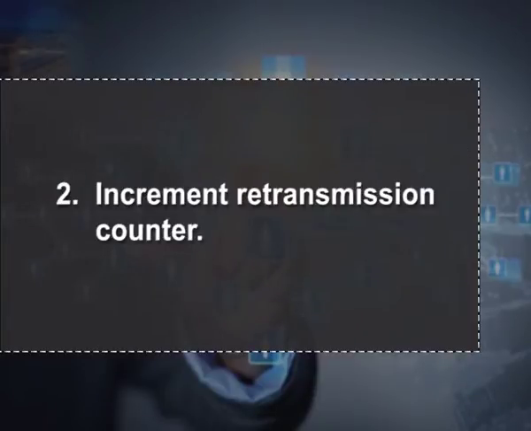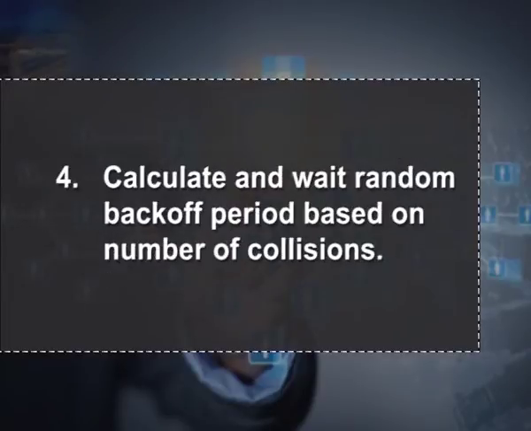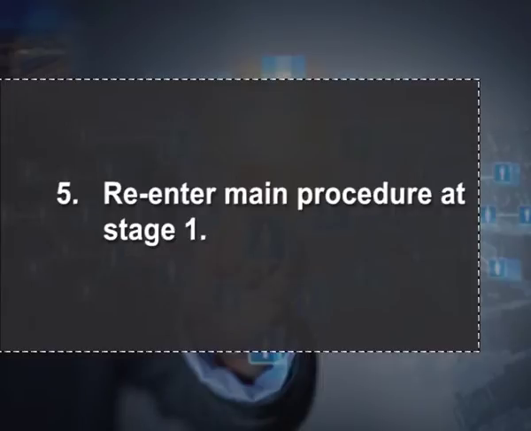Increment retransmission counter. Was the maximum number of transmission attempts reached? If so, abort transmission. Calculate and wait random backoff period based on number of collisions. Re-enter main procedure at stage 1.